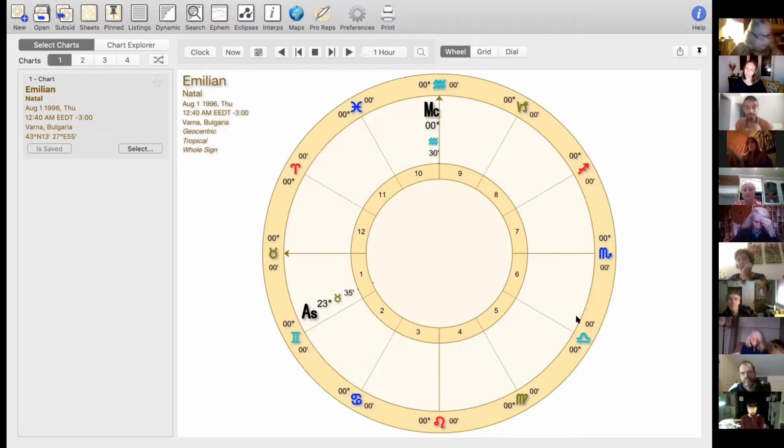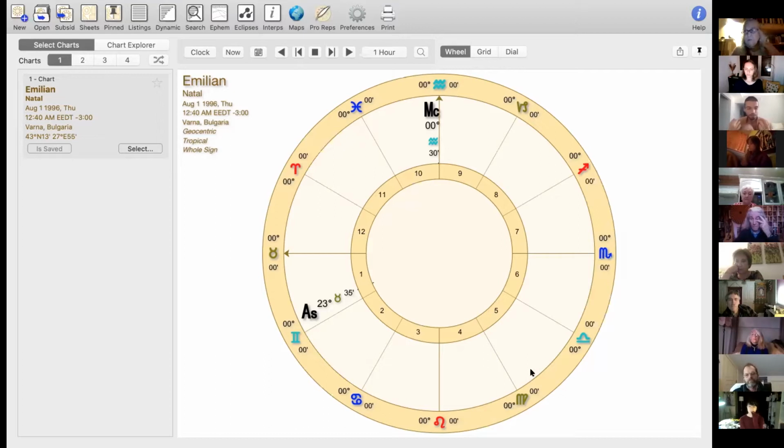Okay. And then you have ruler of the day, if you want to take it that far. So here I have my birthday on August 1st. So on August 1st, I start here. August 2nd is a second house day. August 3rd is a third house day. August 4th is a fourth house day, and so on and so forth. And you can see actually it's pretty simple.